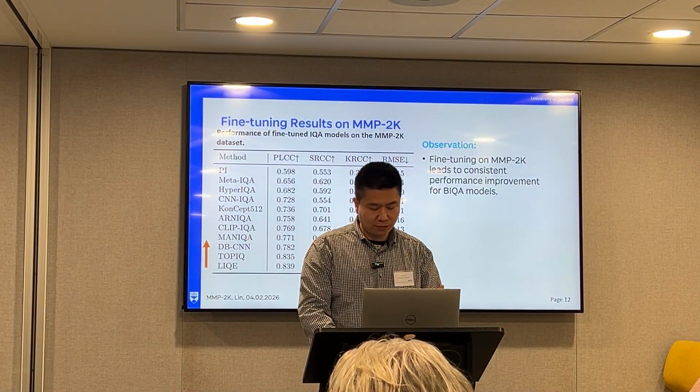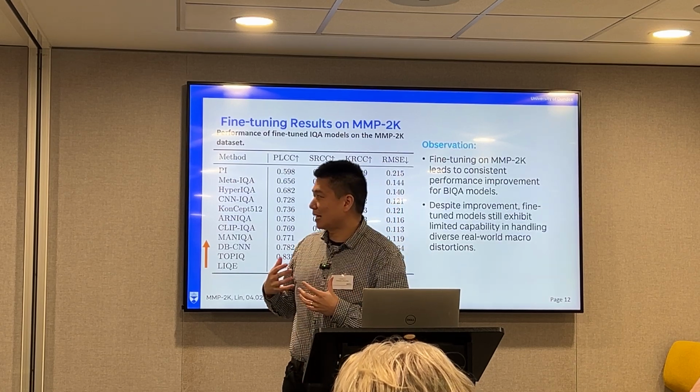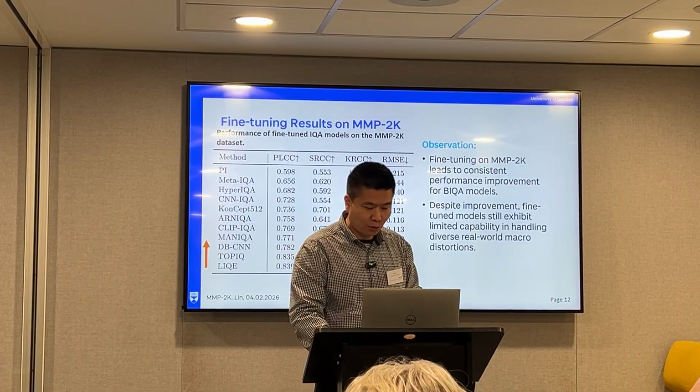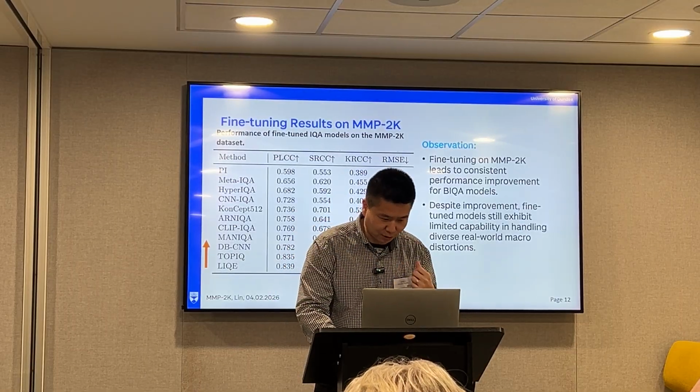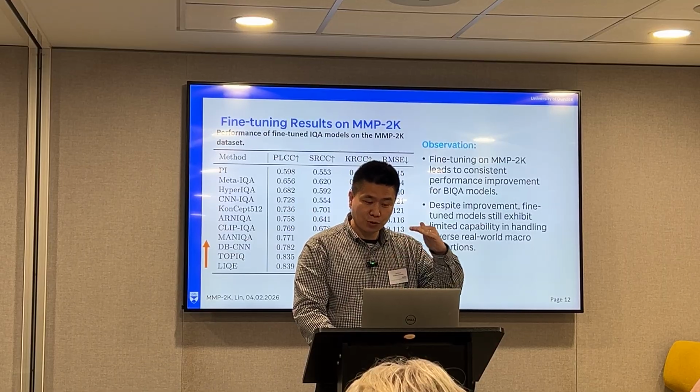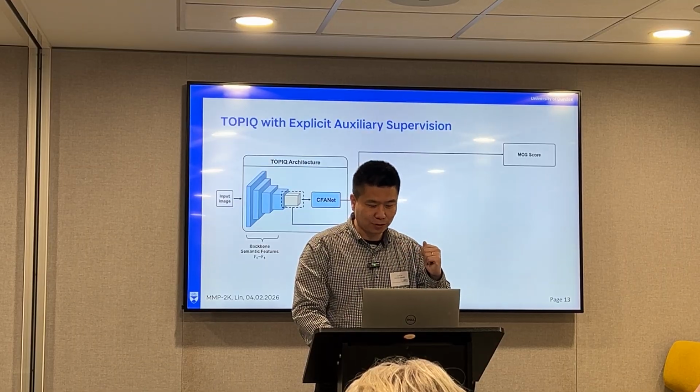It indeed improved, but it's still not that significant. It could be improved further. So the student, not me, said maybe we can try to improve based on the best model, which is TOPIQ.